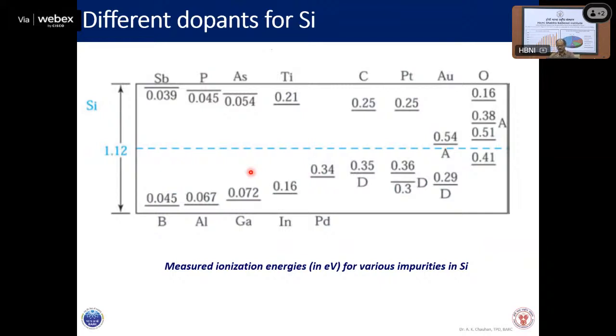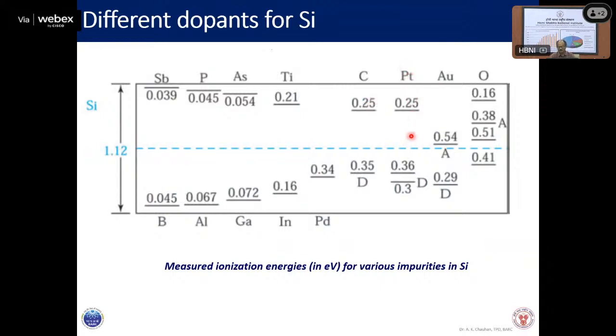In that case, my device will work in a certain fashion, which you have actually designed. So suppose you want a level which is 0.25, then what dopant will you choose? You will choose the dopant carbon, which will generate an energy level exactly 0.25 below. You can choose platinum also.